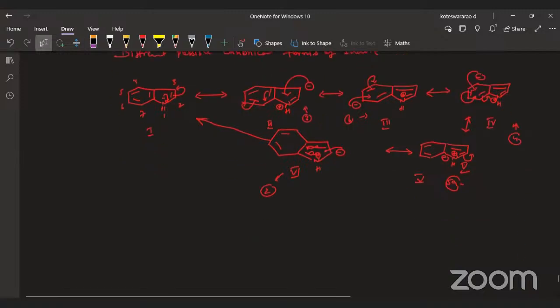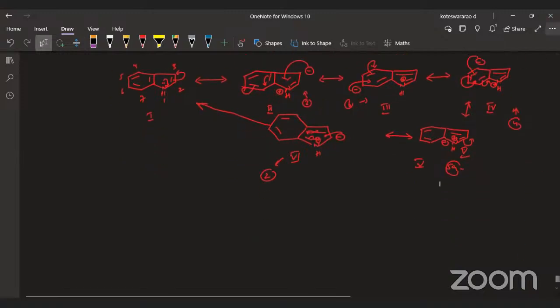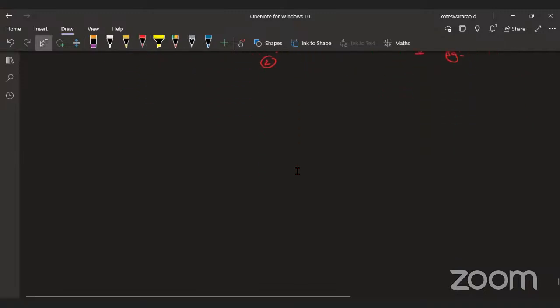Coming to the preparation or synthesis of the indole molecule, how is indole synthesized? We have several important reactions, which are highly influential in organic and heterocyclic synthesis.